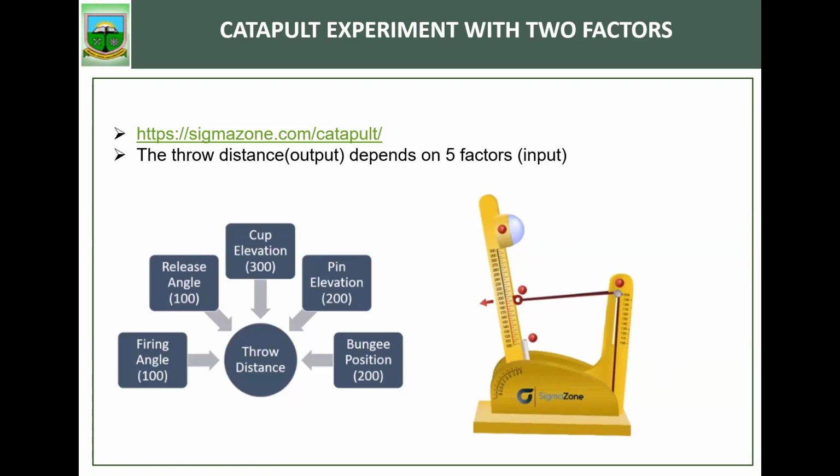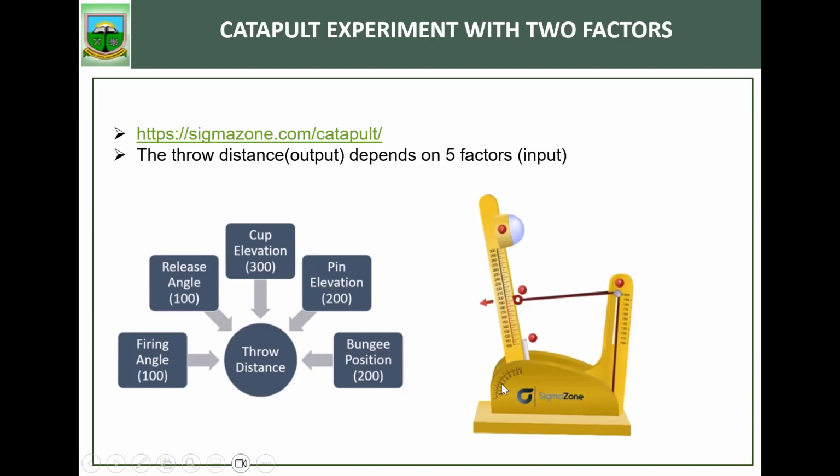All right. Now, when you look at this catapult, mostly it is controlled by 5 factors. These 5 factors are aimed at achieving the distance the stone can go. So this is the y variable, and these are all x variables that affect the distance of the catapult throwing a stone.